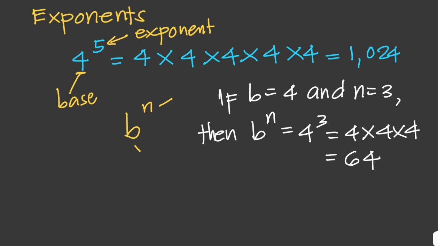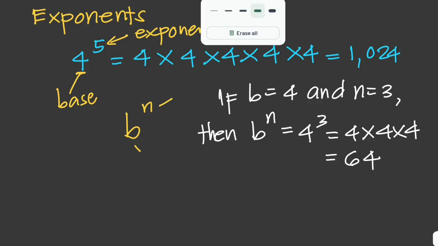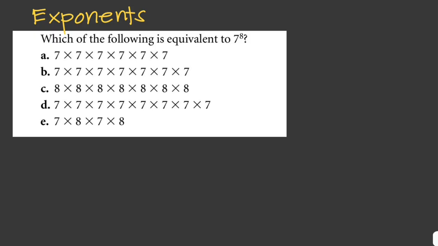You have to take note that in solving exponents, you have to identify your base and the exponent. Let's say we're given this problem here. Which of the following is equivalent to 7 to the 8? So 7 raised to the power of 8. Now our base here is 7 and the exponent is 8.